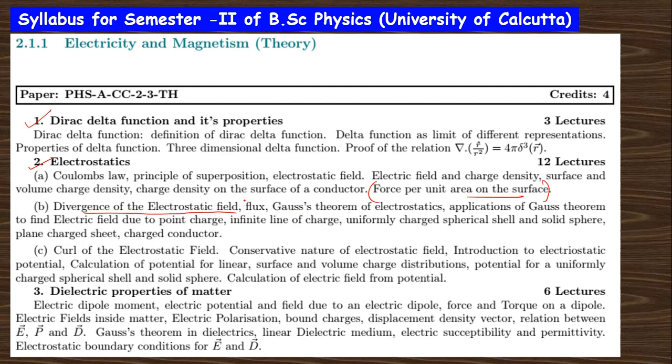In this lecture we want to cover Gauss theorem and its application: electric field due to a point charge, infinite line charge, uniformly charged spherical shell, solid sphere, plane charge sheet, and charged conductor. I missed out the electric field for the point charge, so I want to discuss that too.